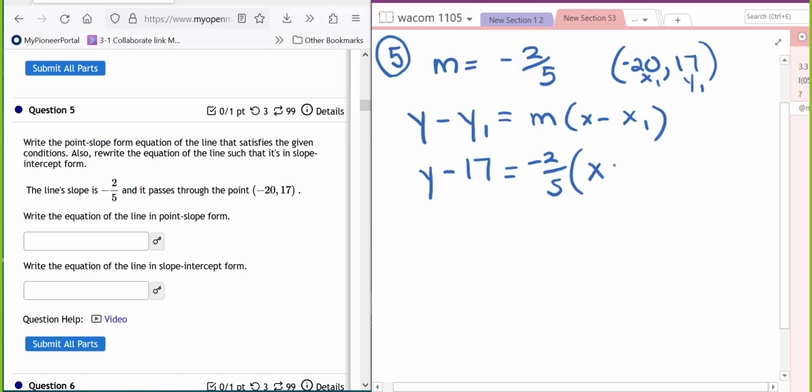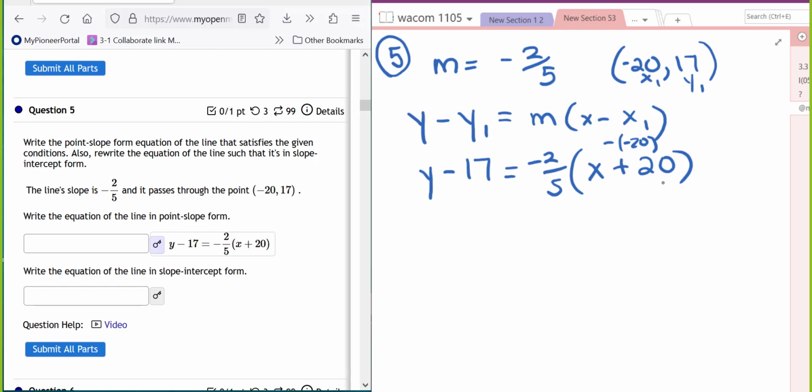We're going to do minus and negative here. I'm going to go ahead and do plus. And this is what they want in the computer at this point for point slope form. So you've just plugged in, you haven't cleaned anything up. And so rather than type it, I just put that.